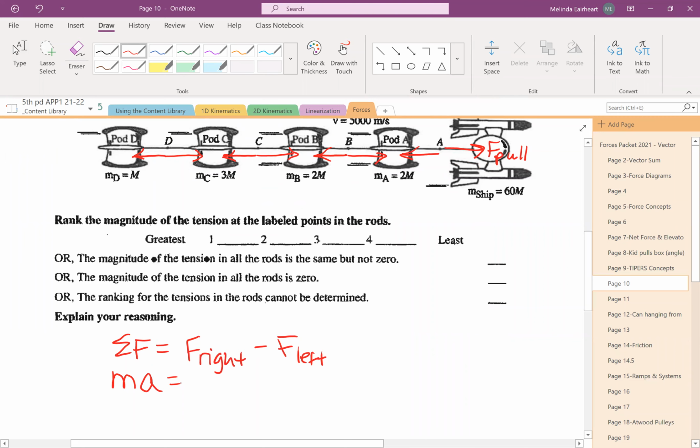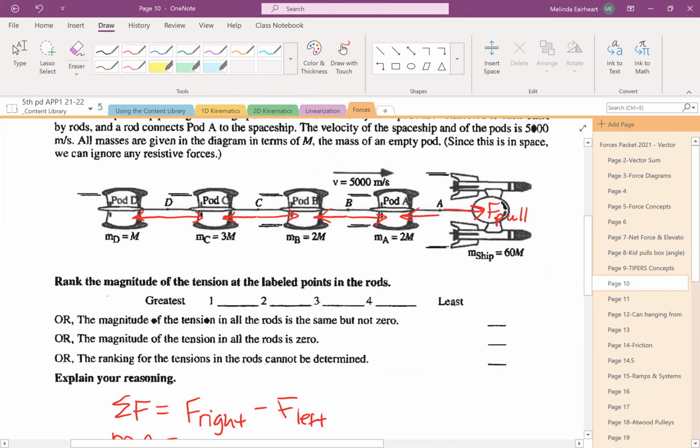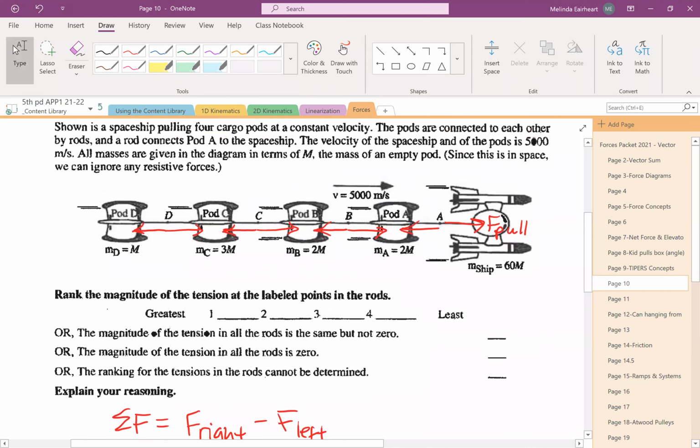Now they don't tell us those actual forces, and they don't need to. And by the way, they give us the speed, they give us mass. We don't have enough information to calculate a force based on speed alone, okay? We haven't seen that equation yet. But they did say a code word. What was the code word or phrase? Constant velocity. What's true if you have constant velocity?